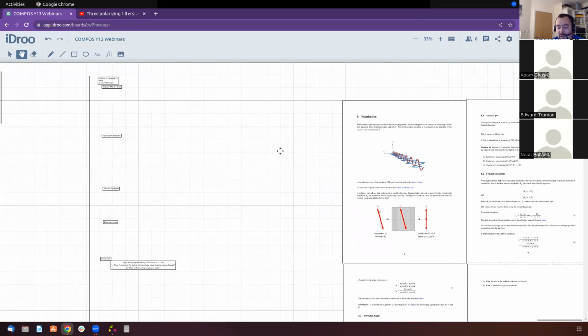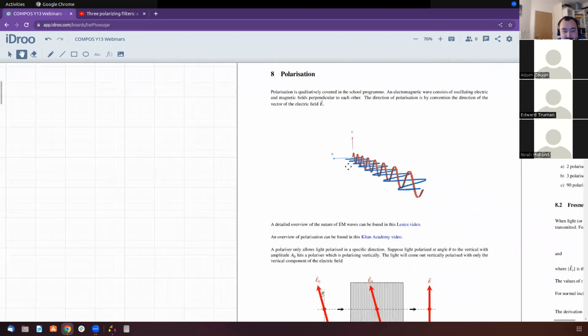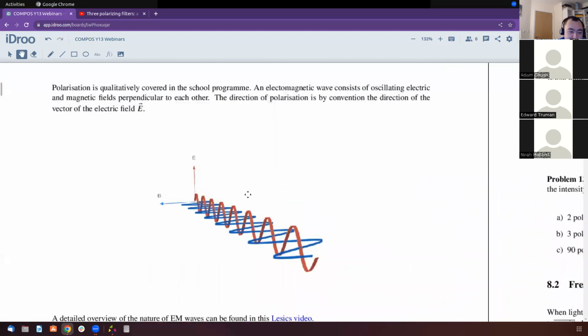Polarized light. Who has done the topic of polarization of light in school? Yes or no, please. Okay, so you've all done it, so you all understand the basics. Light is a wave which contains an oscillating electric field and a magnetic field.